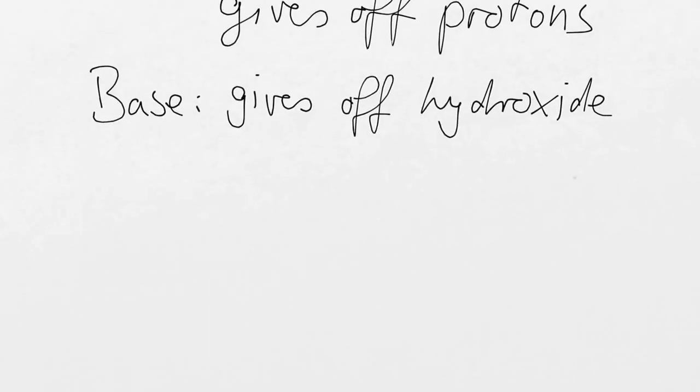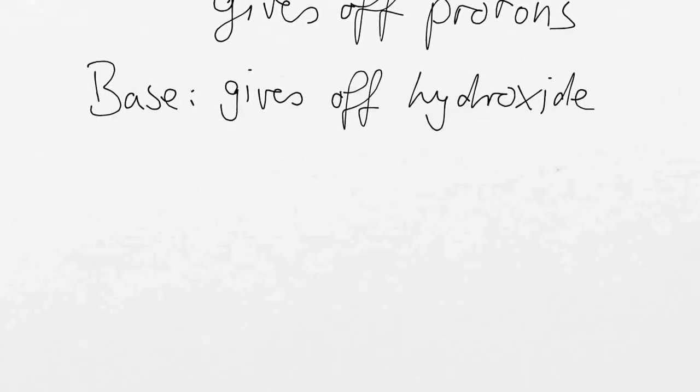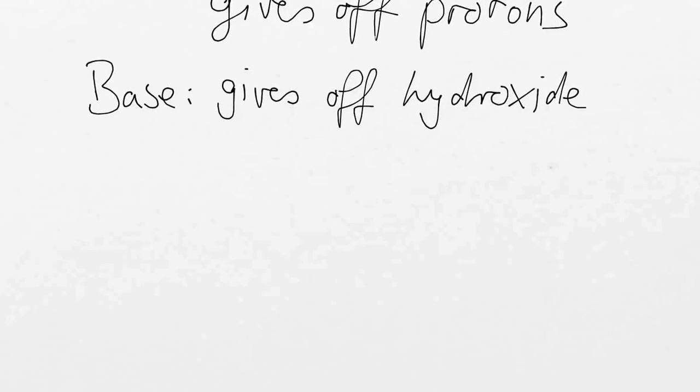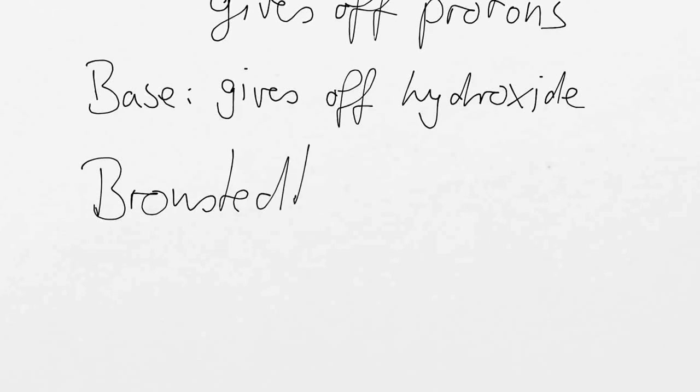And then, as Anton rightly said, there came a new definition because this Arrhenius definition didn't work for all the things that people observed. So they came up with the Brønsted-Lowry definition.